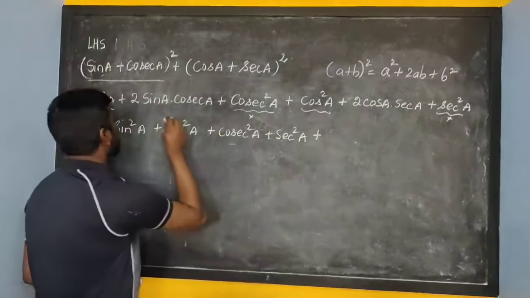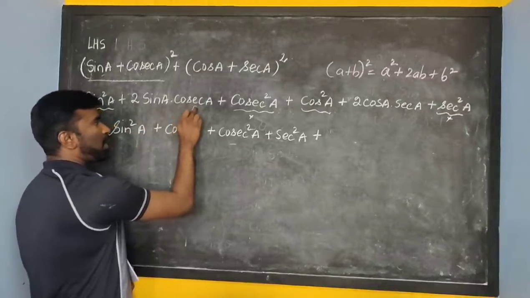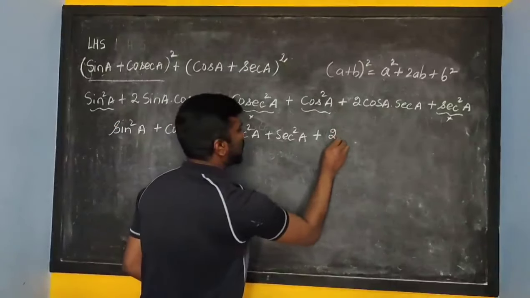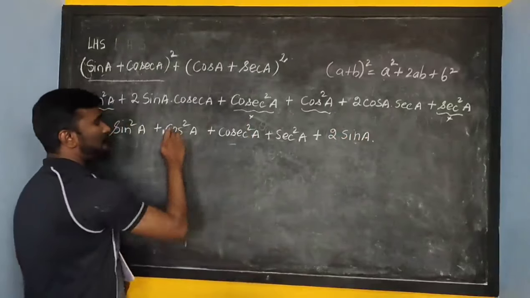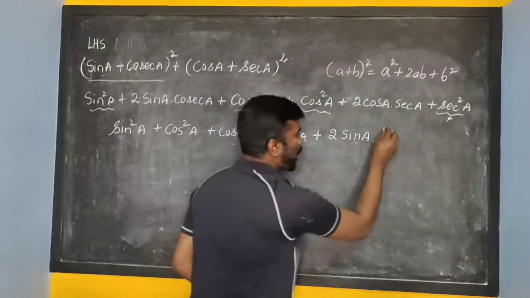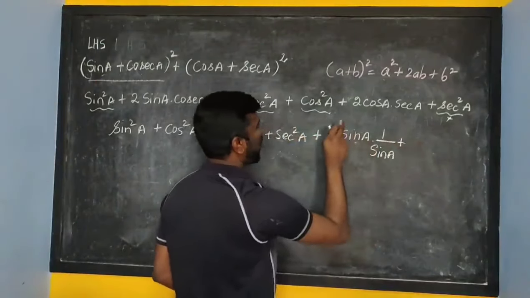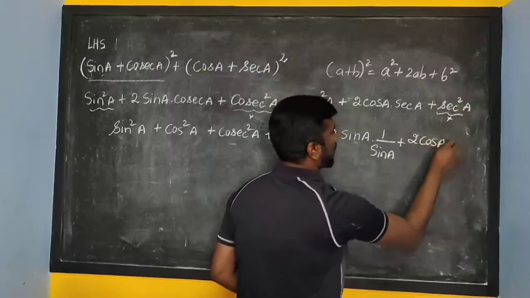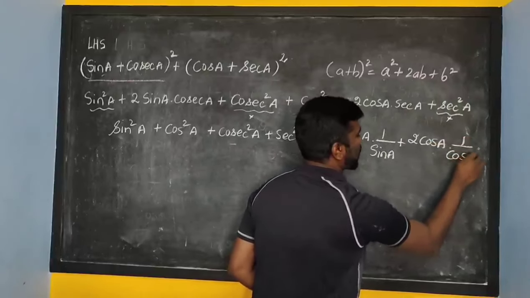Now what is the remaining term? 2 sin A into cosecant A. Reciprocal of cosecant A is 1 by sin A. Therefore 2 sin A into cosecant A I'll write as 2 sin A into 1 by sin A. In the same way 2 cos A into reciprocal of secant A, which is cos A.